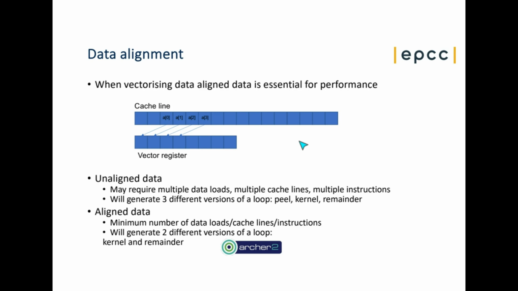Data alignment is really helpful for performance. For example, if we have the situation where the data that we want to load into the vector register is not aligned with the start of the cache line, or with the appropriate place in the cache line, depending on the size of the words and so on.